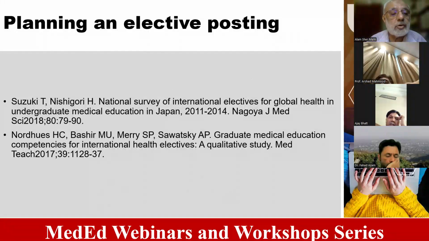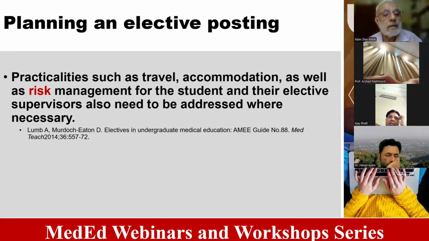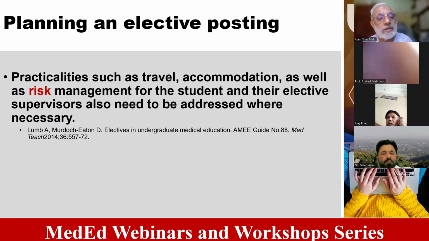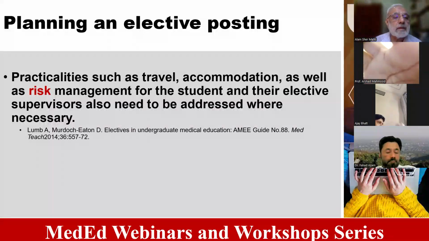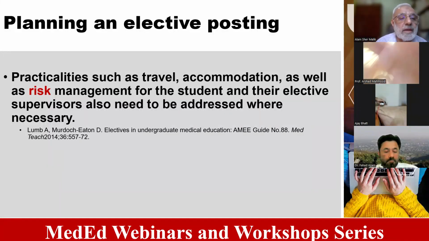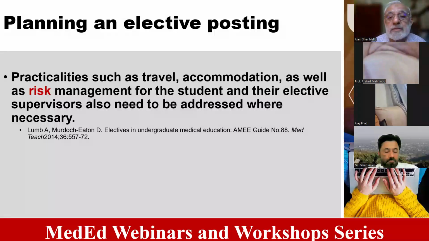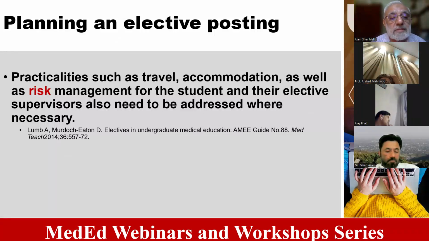So these are the references about the selection I was talking about. Practicalities such as travel, accommodation, as well as risk management. Obviously travel and accommodation are important, but the aspect of risk management for the students and their elective supervisors also needs to be addressed where necessary.